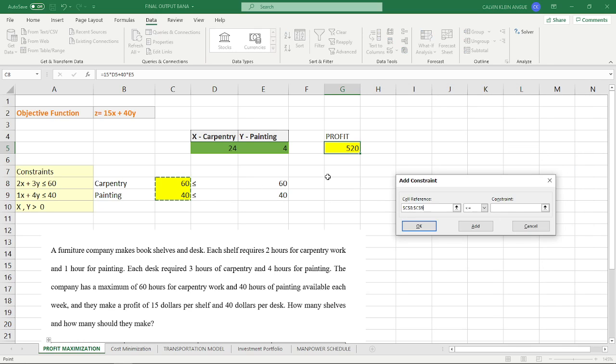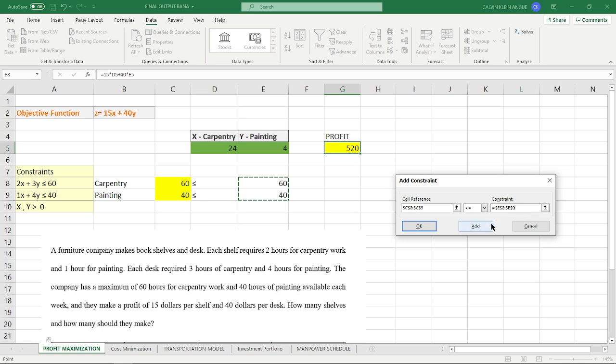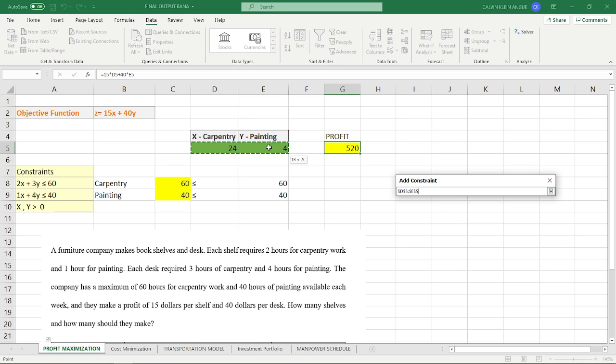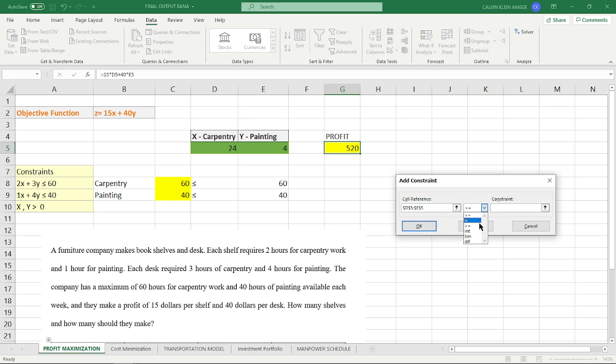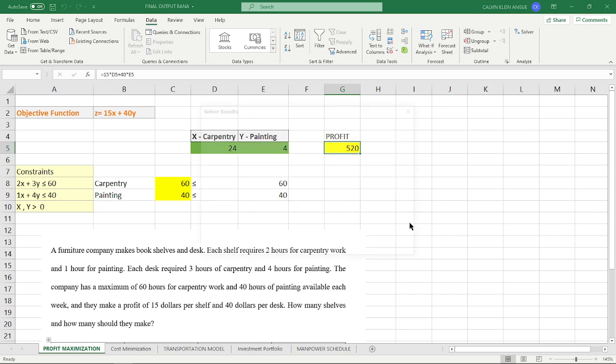You can do this one by one if you like, but because they have the same symbol, I just simplified it. So our constraints will be these two. Then press Add. Our cell reference again will be these two, and it should be integer. Then okay, then you need to solve it.